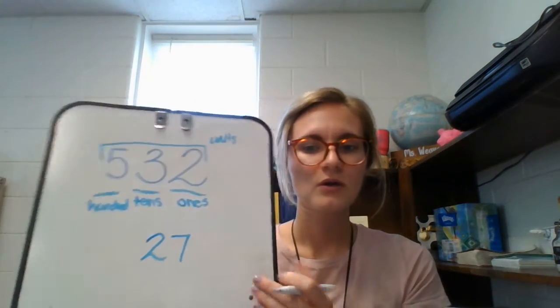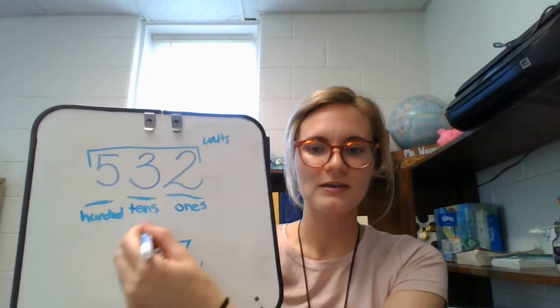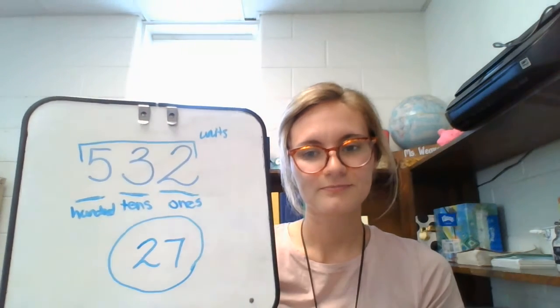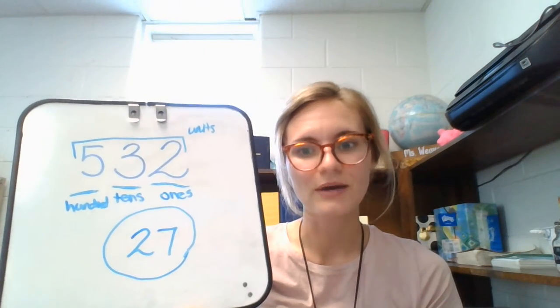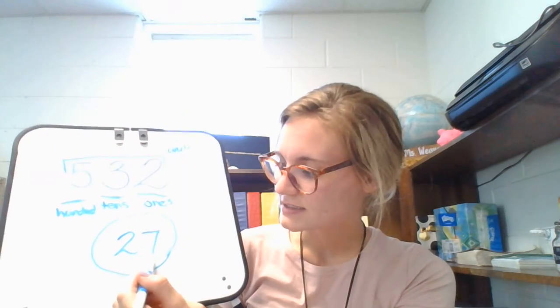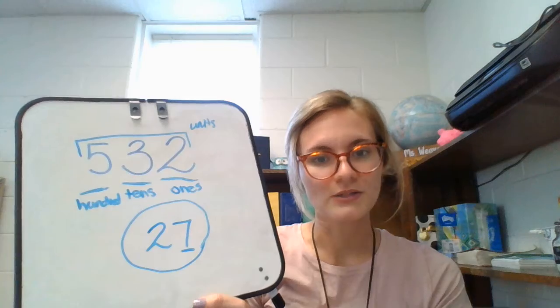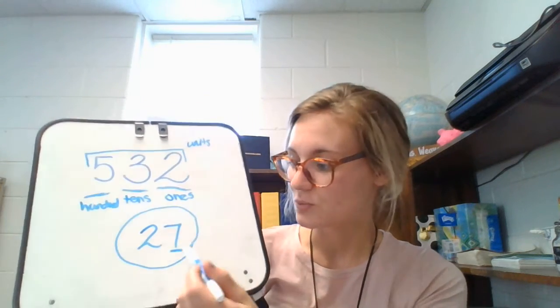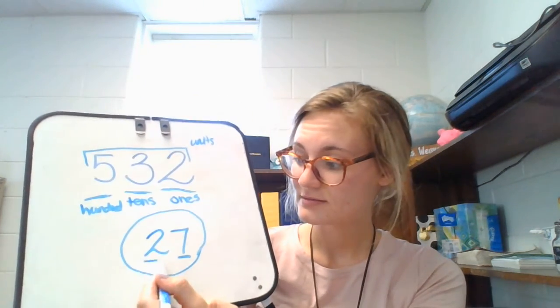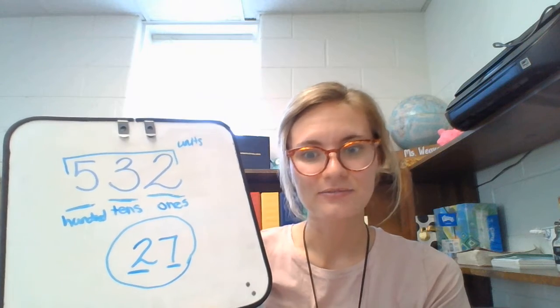Well, let's look at this number. What number do I have right here? 27, right. Now the 7 is in the what place? The ones. Remember, ones always come first. Ones, and then tens, right.